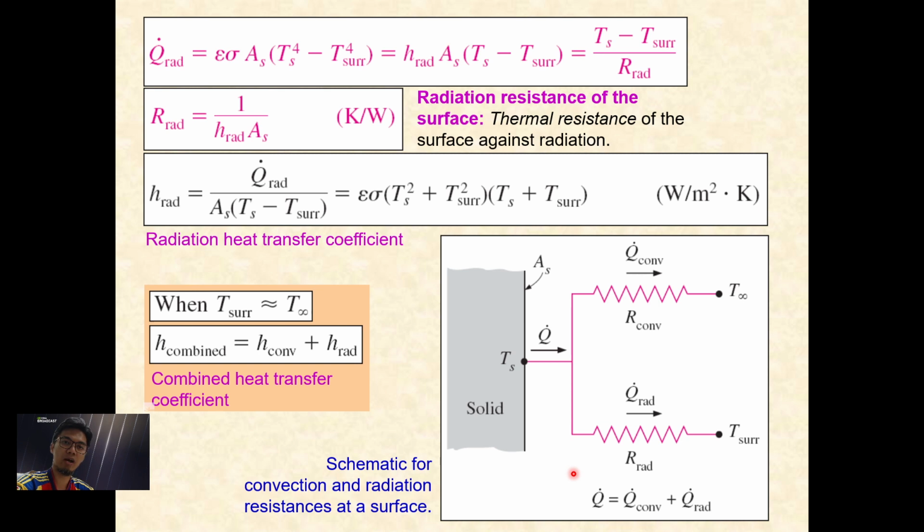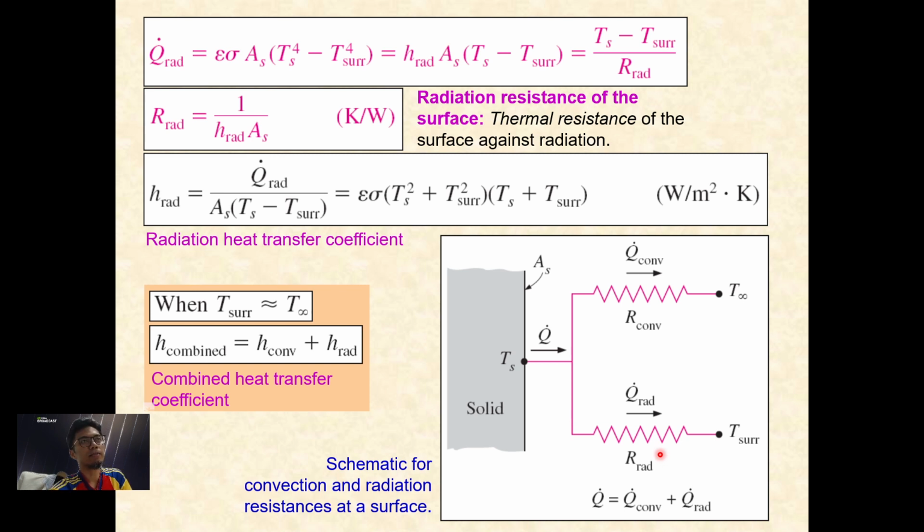You cannot have radiation heat transfer alone. Convection can be alone without radiation. Radiation cannot be alone without convection, but convection heat transfer can be alone without the presence of radiation in the system.